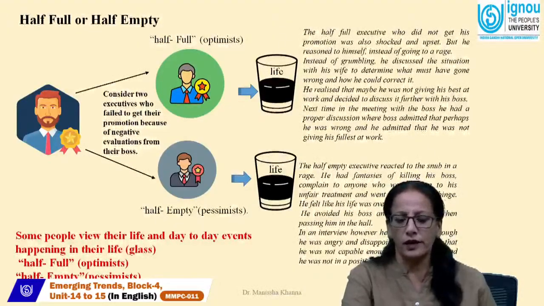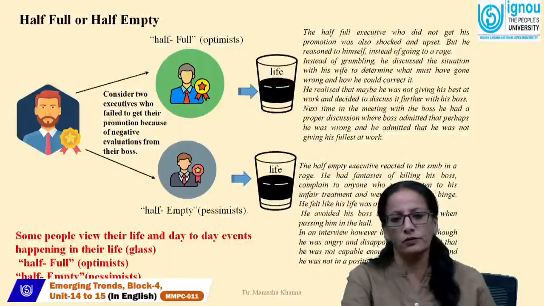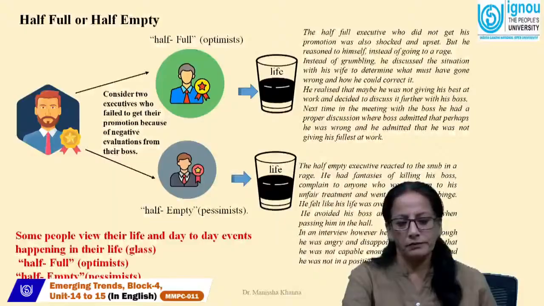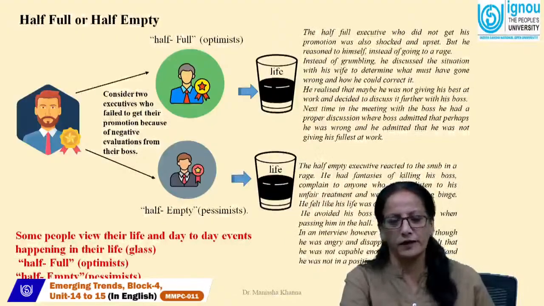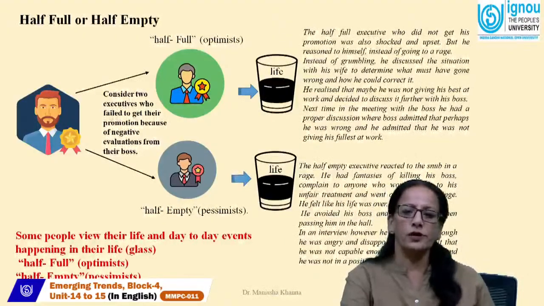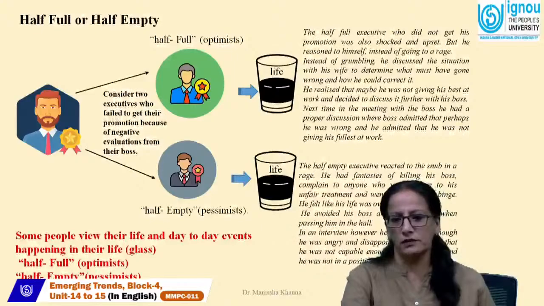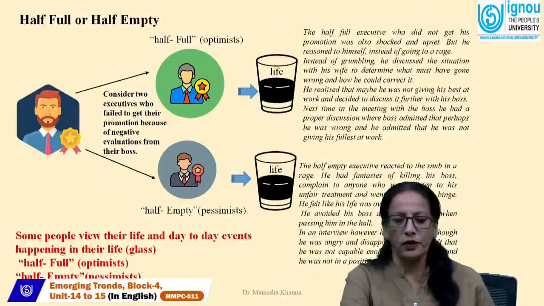On the other hand, the other person was also evaluated and also got the negative emotion, but he sees life as a half empty glass, which is a very pessimistic approach. This half empty executive reacted to the snub in a rage.